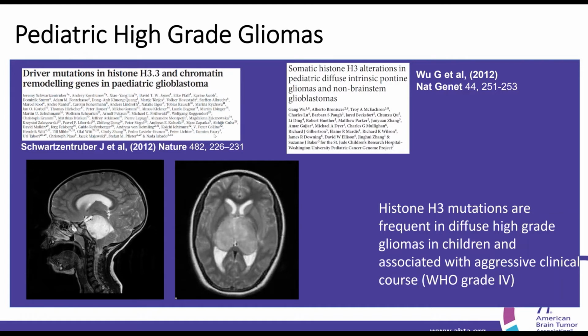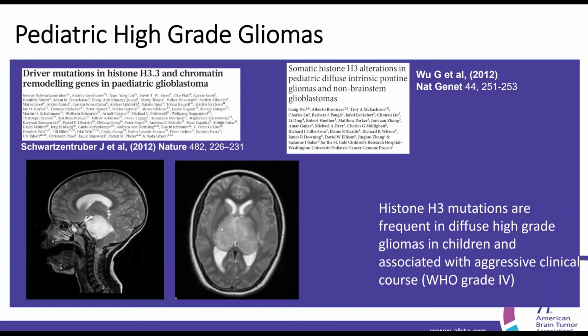The next major finding had to do with pediatric brain tumors that were diffuse gliomas. There are these tumors that occur in young children that arise in the pons and thalamus, both midline locations, and they're very high grade.